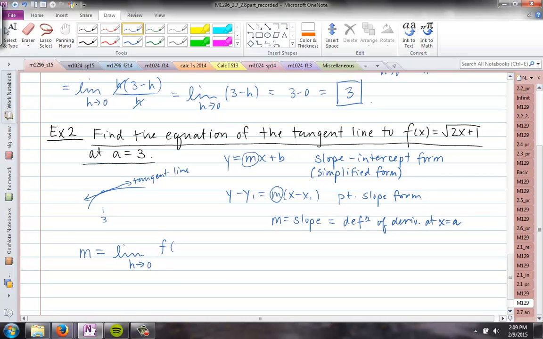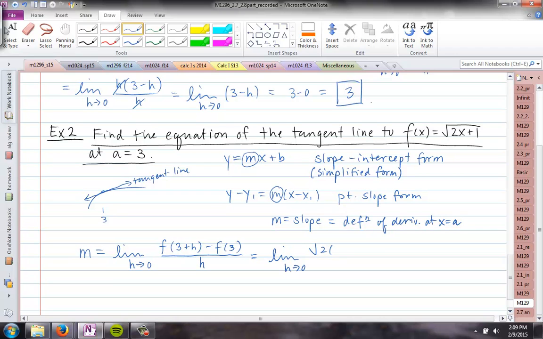So this is my f of a plus h, so I'm just going to plug in the 3 right away. And so I have the limit as h goes to 0 of f of 3 plus h minus f of 3 all over h. So carry your limit notation throughout. Now I'm going to use the function square root of 2x plus 1, and I'm going to substitute in 3 plus h for x.